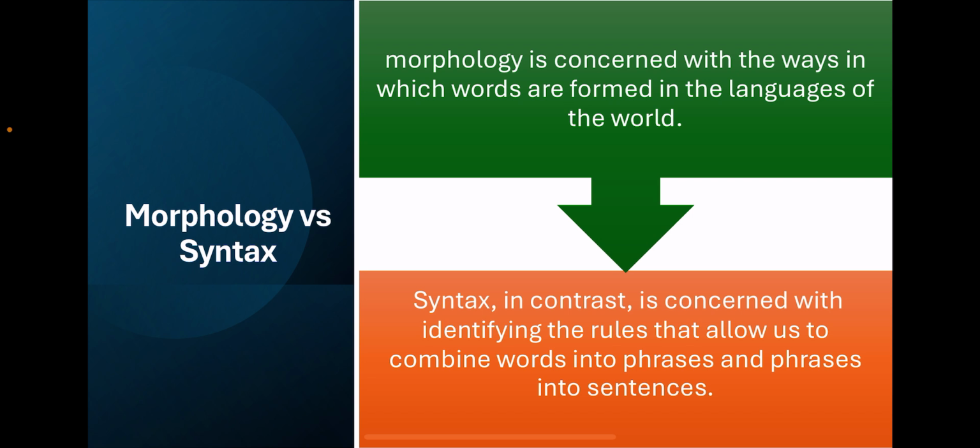Similarly, we say "I like this book is an interesting one." We don't say "an book interesting," because we have structure. So we have some rules, and based on those rules we combine words into phrases and then phrases into sentences.